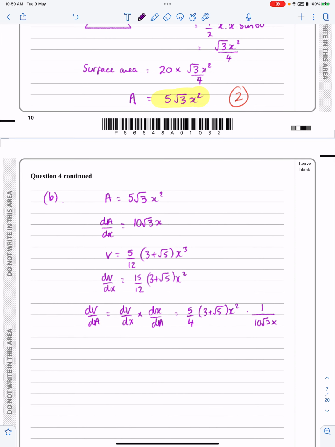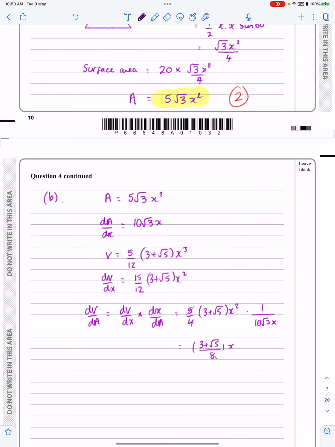Okay, so in fact, I'm going to let you do that rather than take absolutely ages. You've got 5, 4, and 10 there, so that's 5 over 40, so that's 1 over 8, isn't it? So 3 plus root 5 over 8, and x squared divided by x is going to give me x in there.